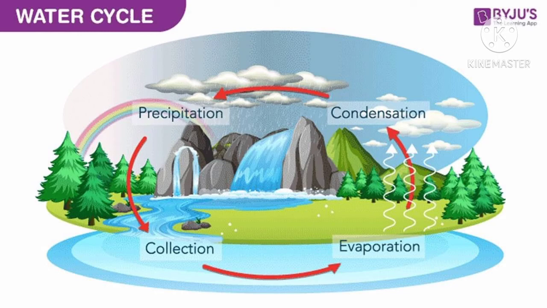However, in condensation, the water vapor in gaseous state becomes a liquid. In precipitation, the water is released from clouds in the form of rain, freezing rain, snow, and hail. And the last one is the collection, wherein water from clouds collects in oceans, rivers, lakes, and streams.